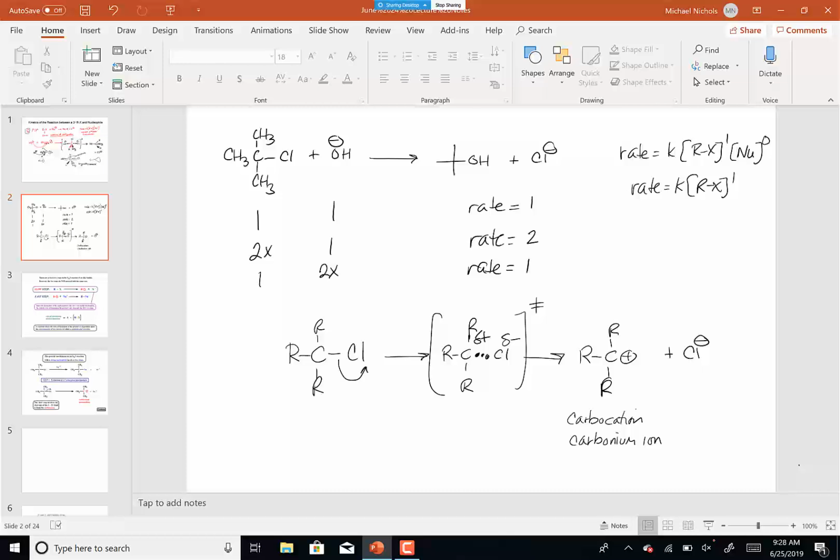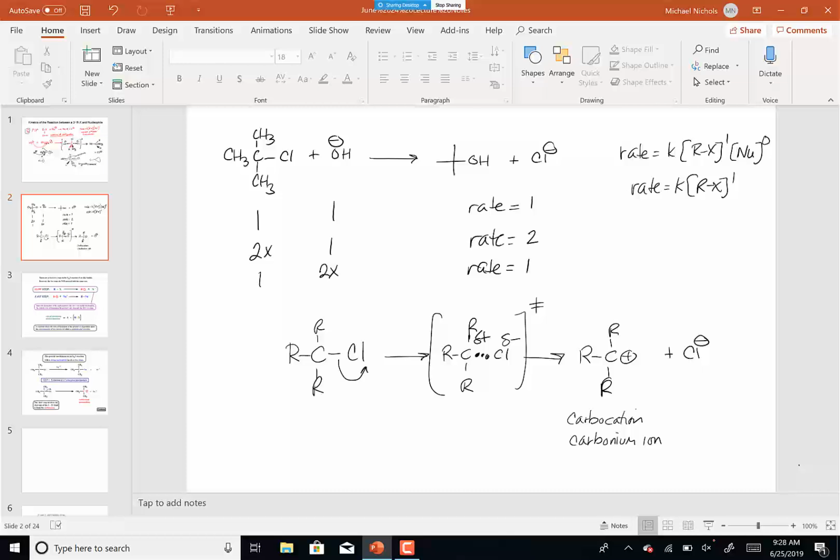Any mechanism that shows up in an organic book has to go through all sorts of scientific validation. If it shows up in a paper and then multiple papers over decades, it shows up in a textbook. So this has been shown. Carbocations, we'll talk about what they are, but they exist. Sometimes for only a little bit of time, sometimes they can form and stay for a lot more time. So this is step 1.